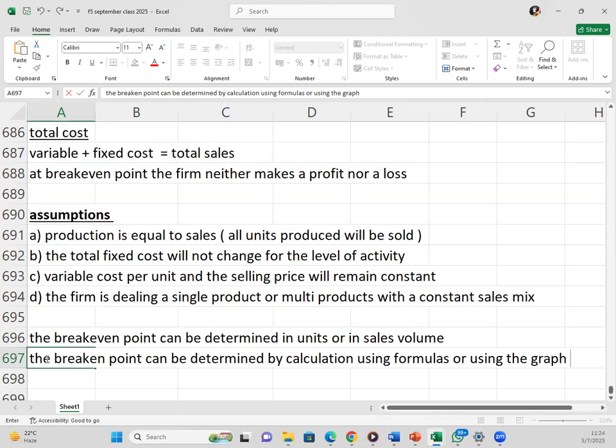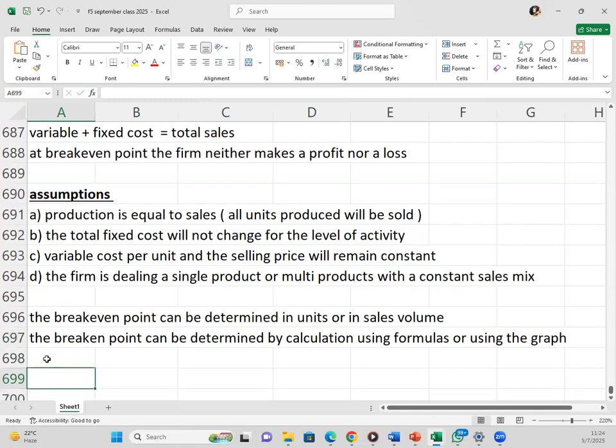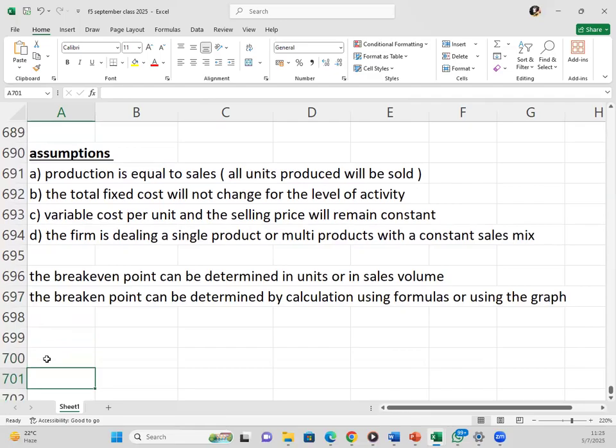So we can use the formulas, or we can use the graph. So let's start with identifying the break-even point using formulas.